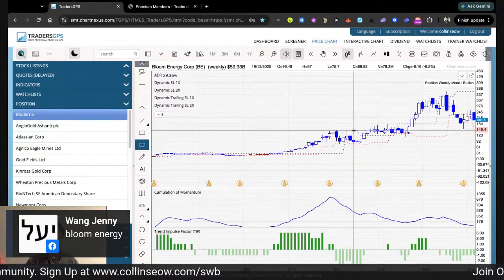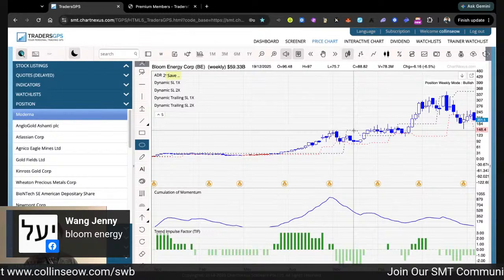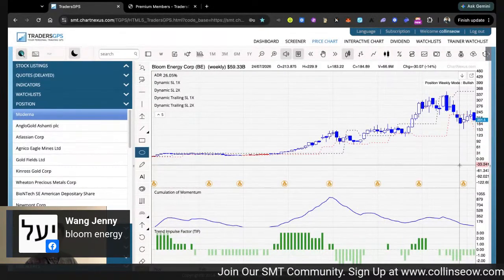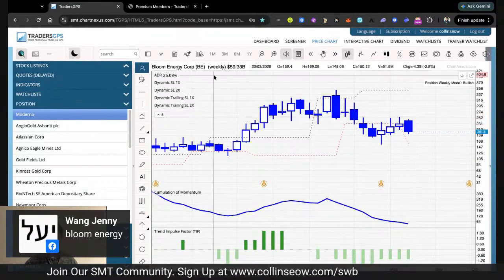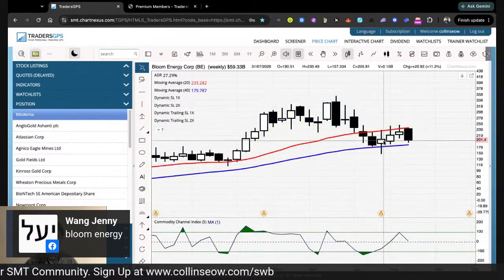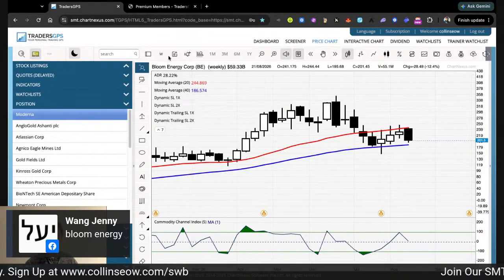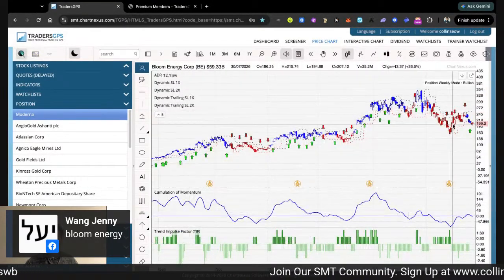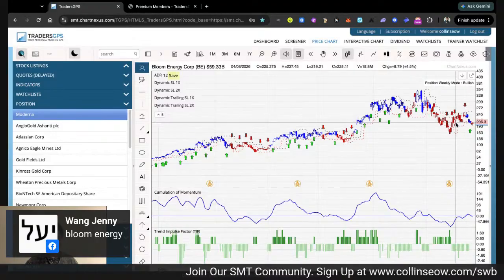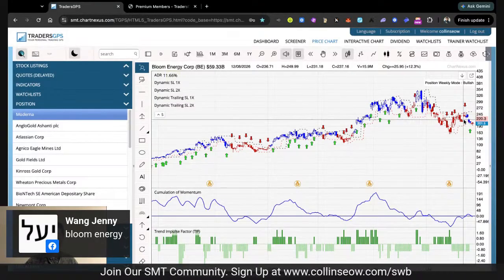It's more like energy supporting the AI sector, but the chart looks quite similar to the tech stocks. So long term is bullish. Swing trade, there was one setup over here, not very strong, and position daily, no signal. This is not a signal.